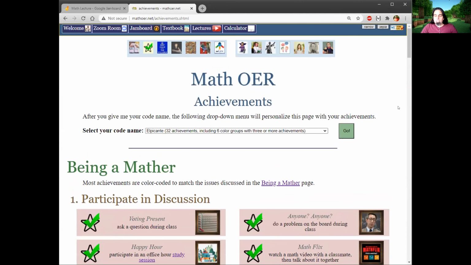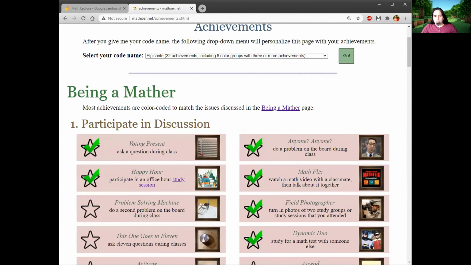In ABSC, the achievements are even more significant since this is not a graded class. If you want a letter of recommendation for a job, if you want some record that you did a bunch of good math and are ready to move on, then the achievements will keep track of all that you've done. Some of them are incredibly trivial. Ask one question during class sometime this term. Others are actually a bit of work.